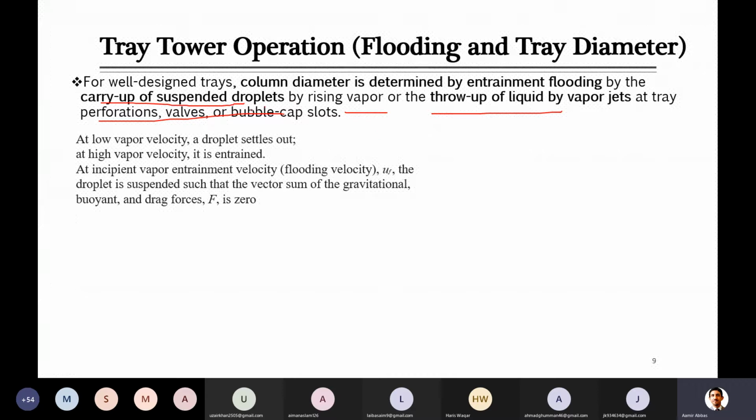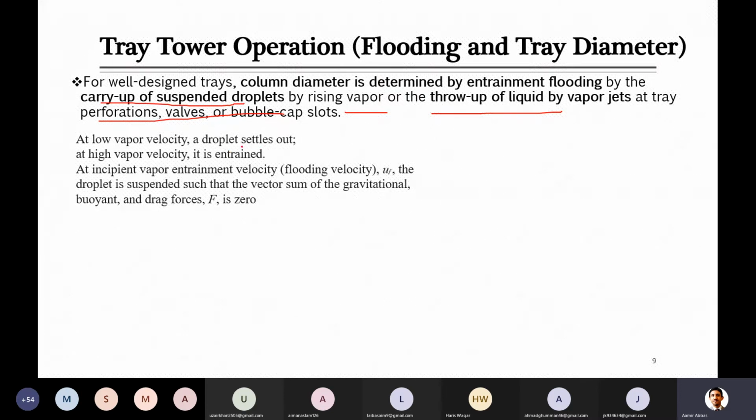But before that, we are going to look at how we calculate the flooding velocity. Whenever vapors pass through a tray and come in contact with the liquid, they will definitely carry some liquid with them. But if the vapor velocity is low, their pressure is low, so droplets of the liquid will not be carried with those vapors, because they don't have the tendency to carry the liquid to the top.